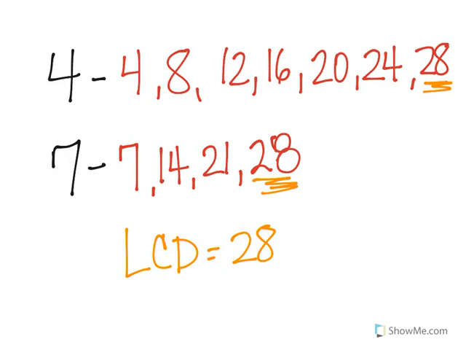Right? You can do it for a lot of numbers. Sometimes it's the number multiplied together. Sometimes it's not. In this case, 7 times 4 would have been 28. But that's not always the case. Let's look at 3 and 6.